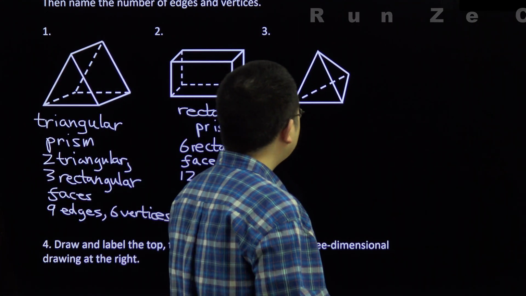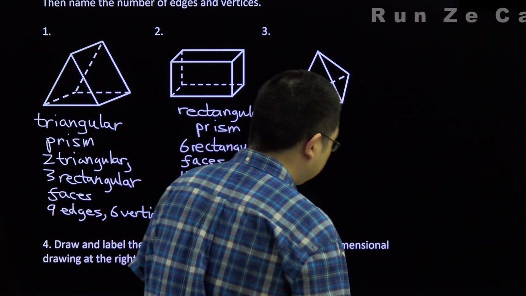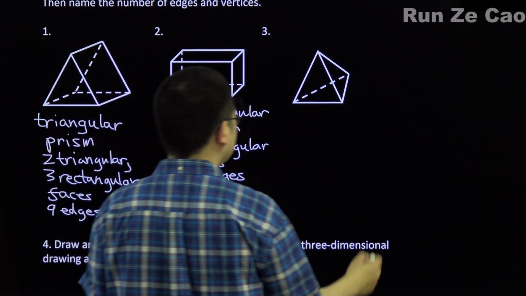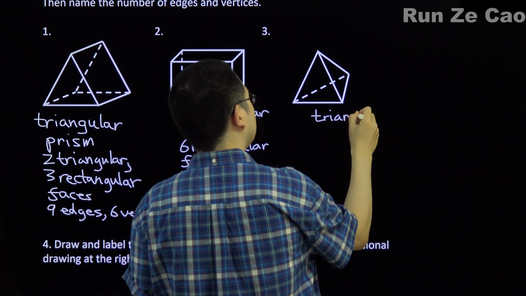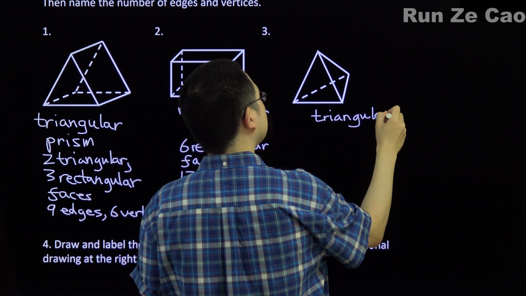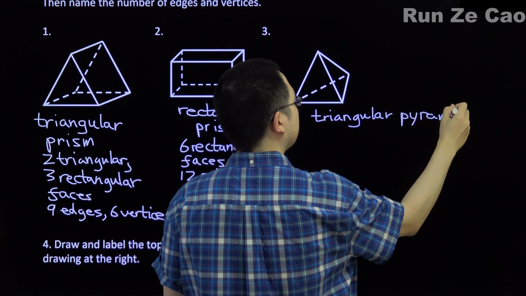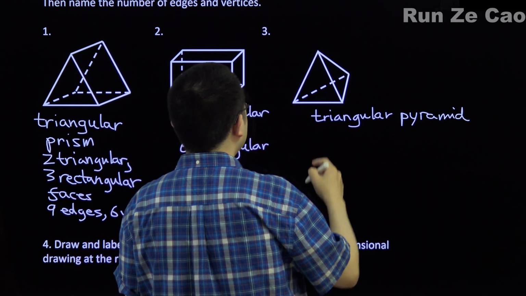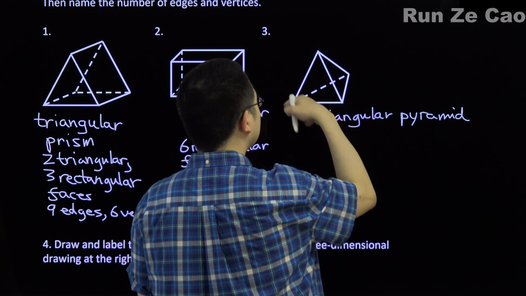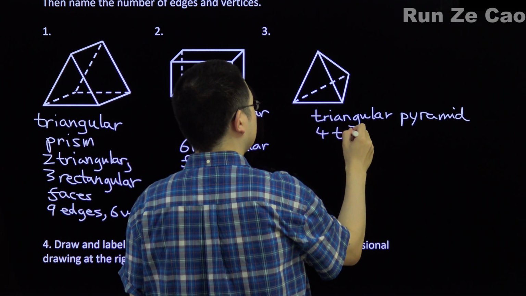Here you have a pyramid. It is a triangle-based pyramid or a triangular pyramid. And it has 1, 2, 3, and 4 triangular faces.